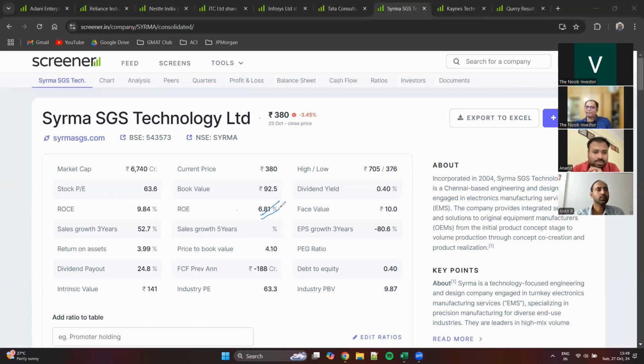These companies will give you returns later on because capital has to be invested upfront. So let's say they want to have a capacity of 1 lakh units. They will build a capacity of 1 lakh units, but initially demand might be only 20,000 units. In 3 years, the capacity will reach 1 lakh units. That is when you will start seeing that ROE is actually growing. So typically, high growth will be accompanied by low ROE, ROCE.